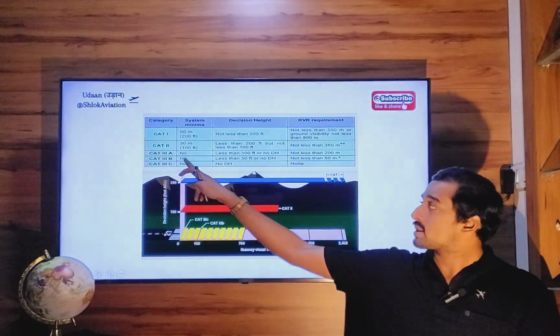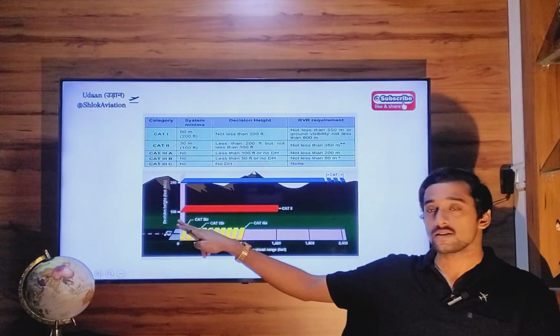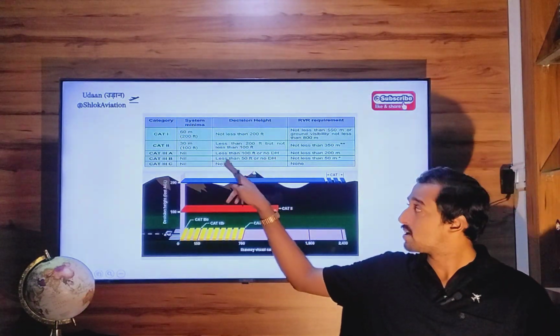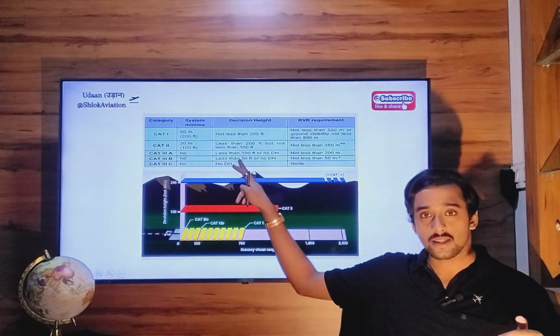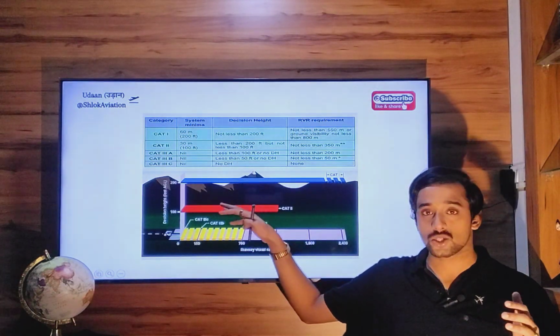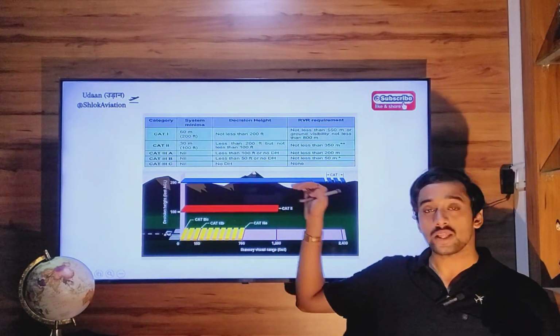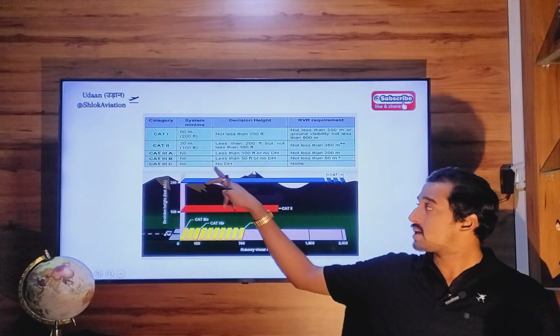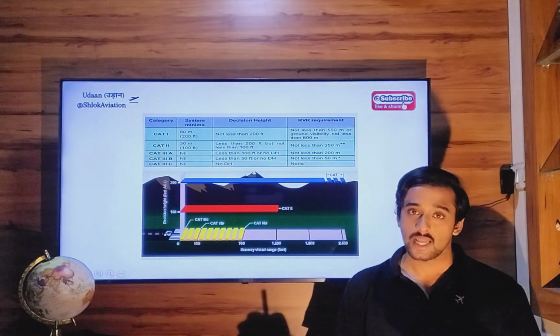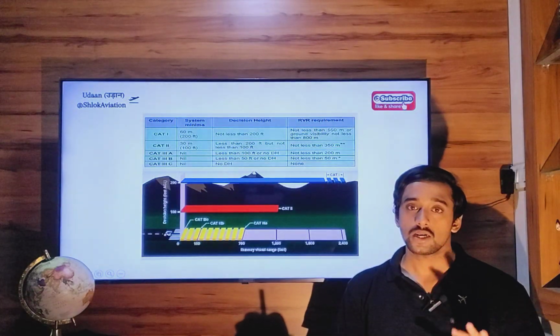Cat 3A is less than 100 feet or no decision height at all, meaning directly onto the runway. Cat 3B is less than 50 feet, that means below the height of the threshold where the glide slope passes. Cat 3C is no decision height. Just remember, Cat 3 operations will provide reliable guidance up to the runway, directly to the runway.